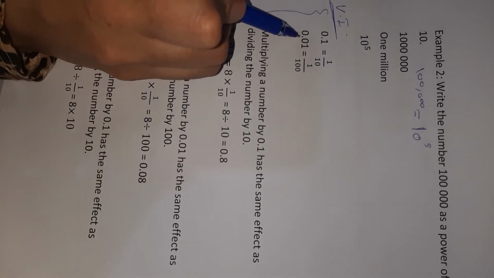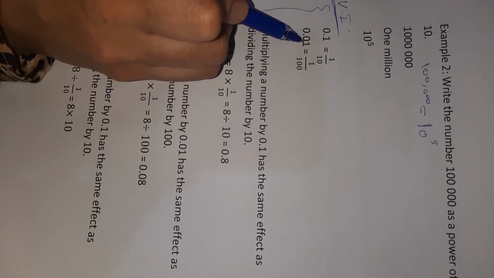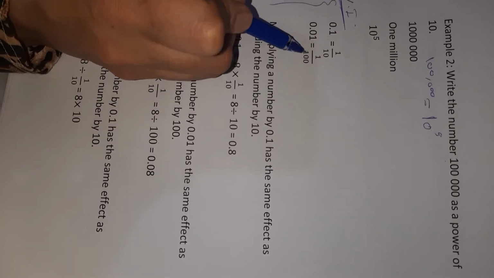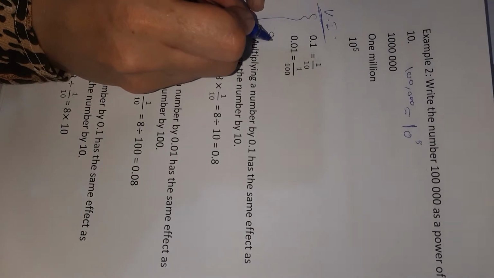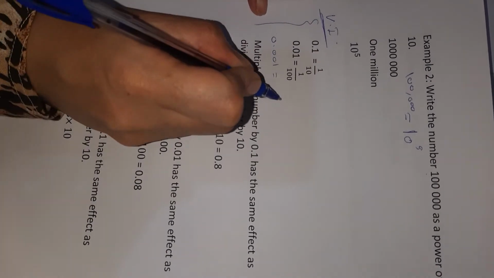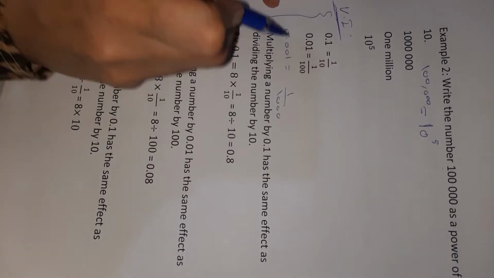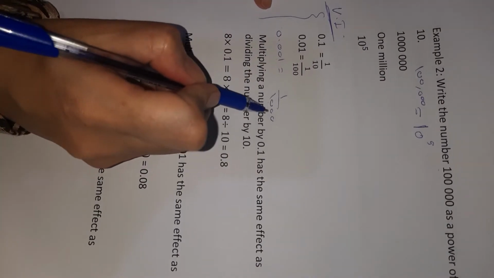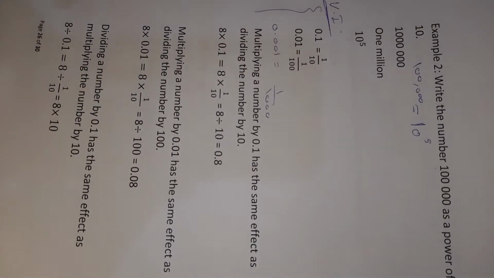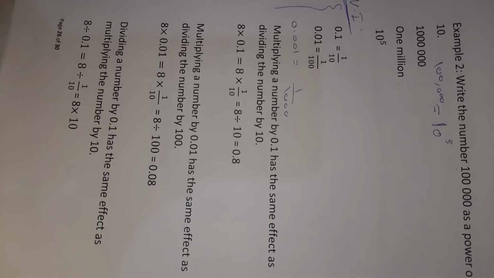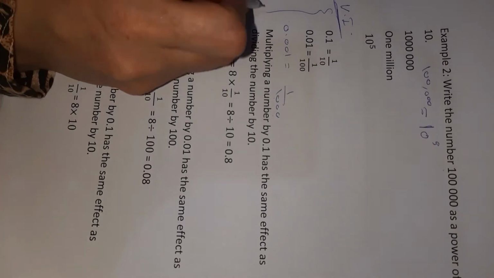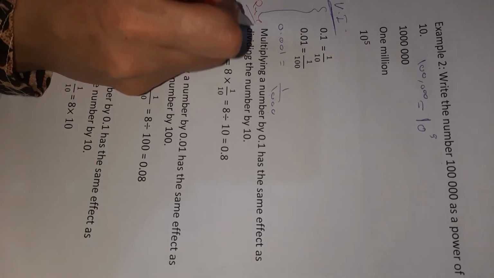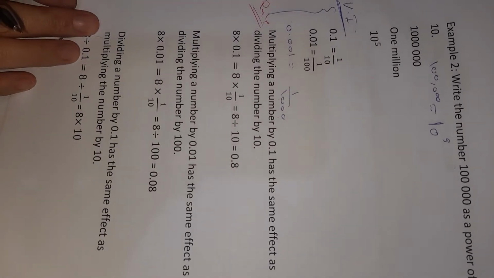After the decimal point there are 2 places, so 2 zeros. Also 0.001 means 1 out of 1,000: 1, 2, 3, three places. Now, this is a very important rule.